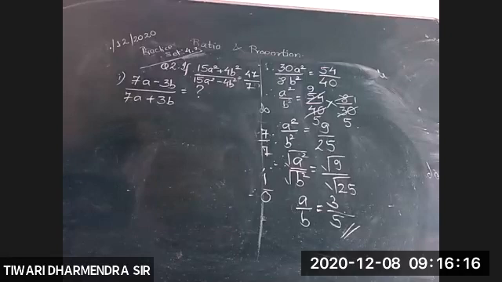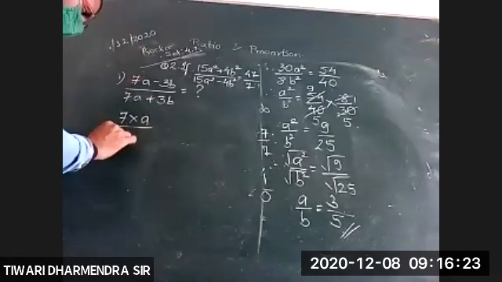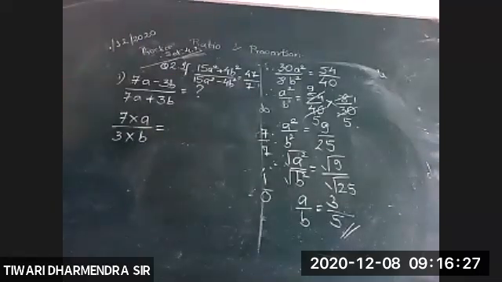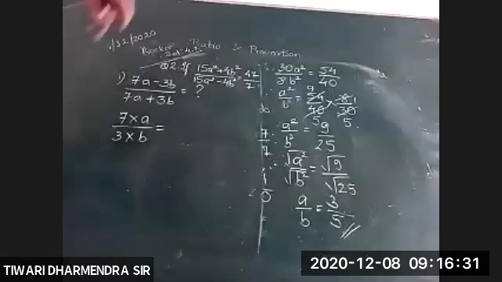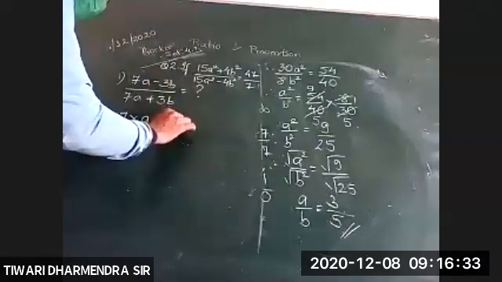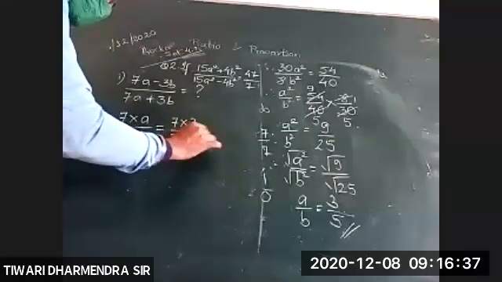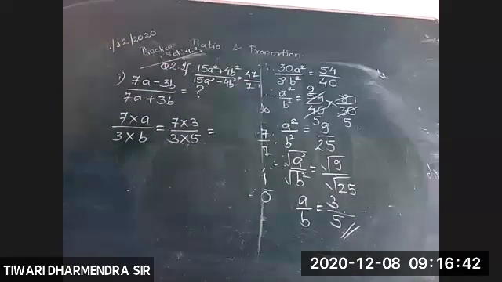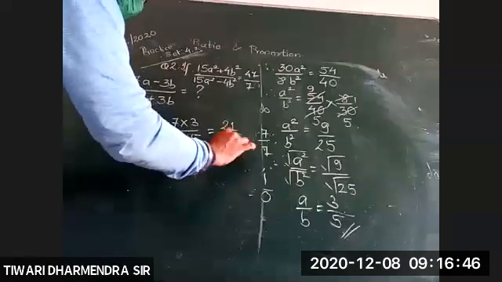We will multiply a with 7 and we want 3 with b. Whatever we have done on the first ratio, we should do the same multiplication to the right hand side. That is 7 into 3 upon 3 into 5. So what do we get after multiplication? 7 3s are 21 upon 3 5s are 15.